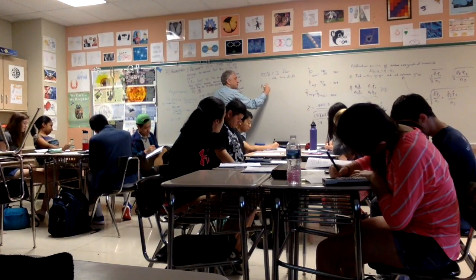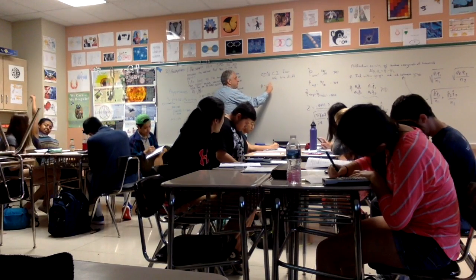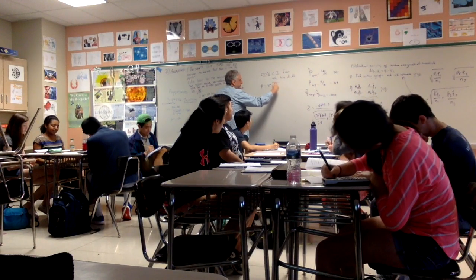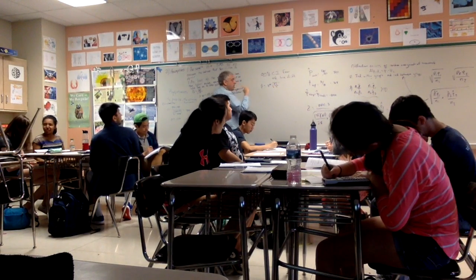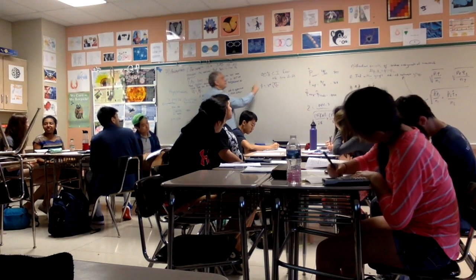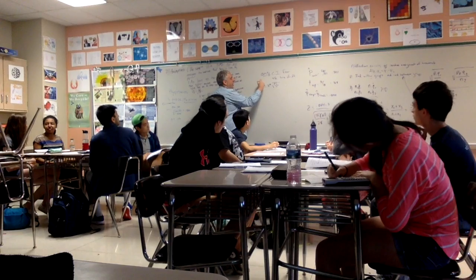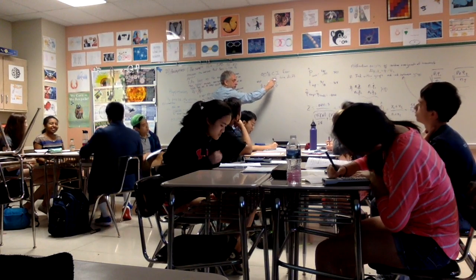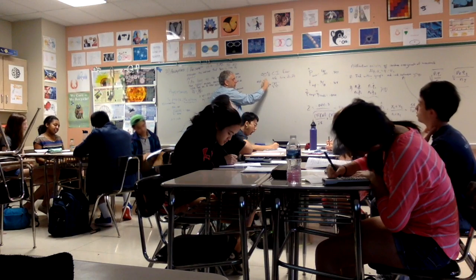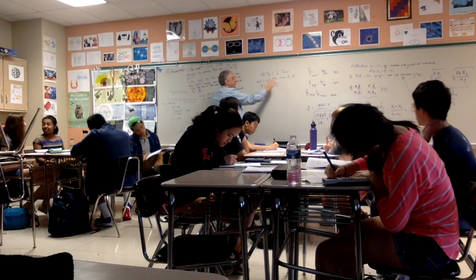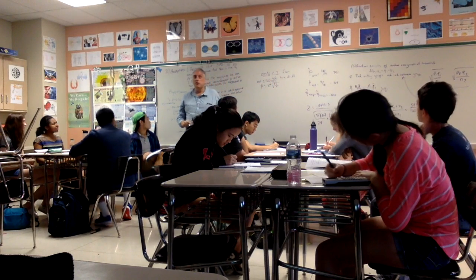Plus or minus z star square root of, correct? But here's what I want you to think about now as we go into other versions of this. This is whatever your estimate is for what you're trying to make an interval for. Plus or minus a critical value times the standard error. That's what it always is.